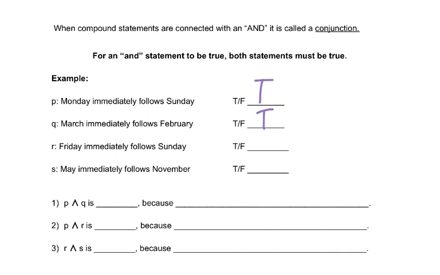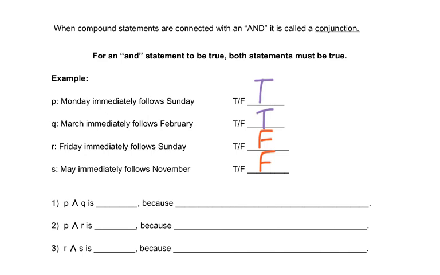Next, for R, it says Friday immediately follows Sunday. No, that's not true. We've already said that Monday immediately follows Sunday. And next, it says May immediately follows November, which is not true as well. December comes after November.